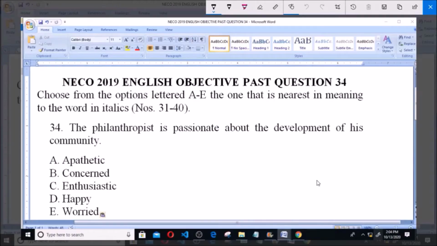Welcome. This is NECO English objective past question number 34, and to this question the instruction says choose from the options lettered A to E the one that is nearest in meaning to the word in italics.